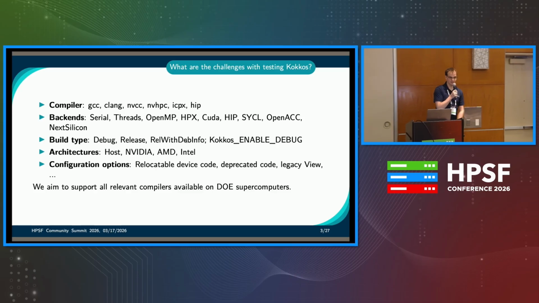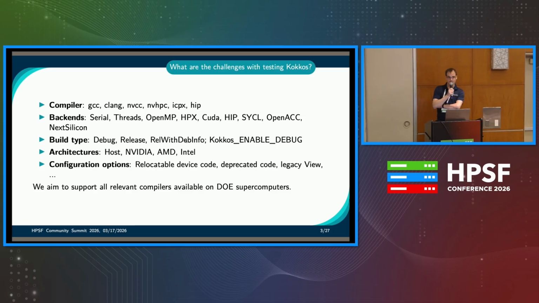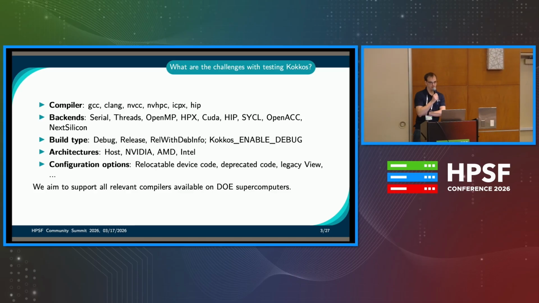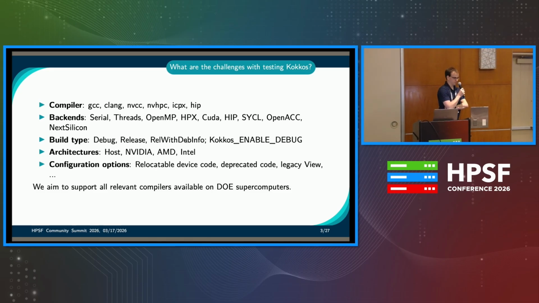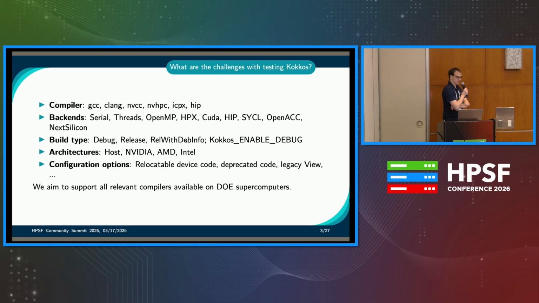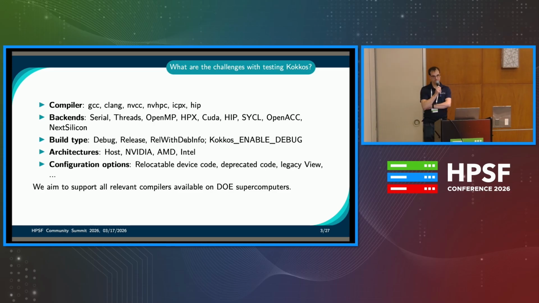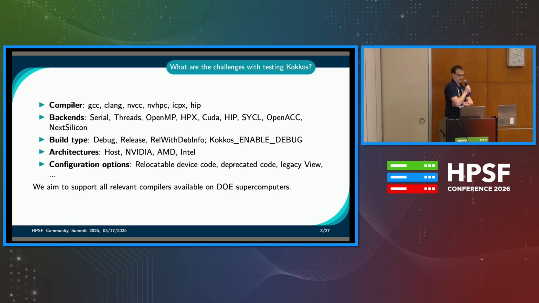Build types, we have the classical CMake ones, where some debugging options play a role, and then the architectures, of course, everything that you might encounter, in particular also consumer grade hardware or whatever a user is interested in, we try to support.